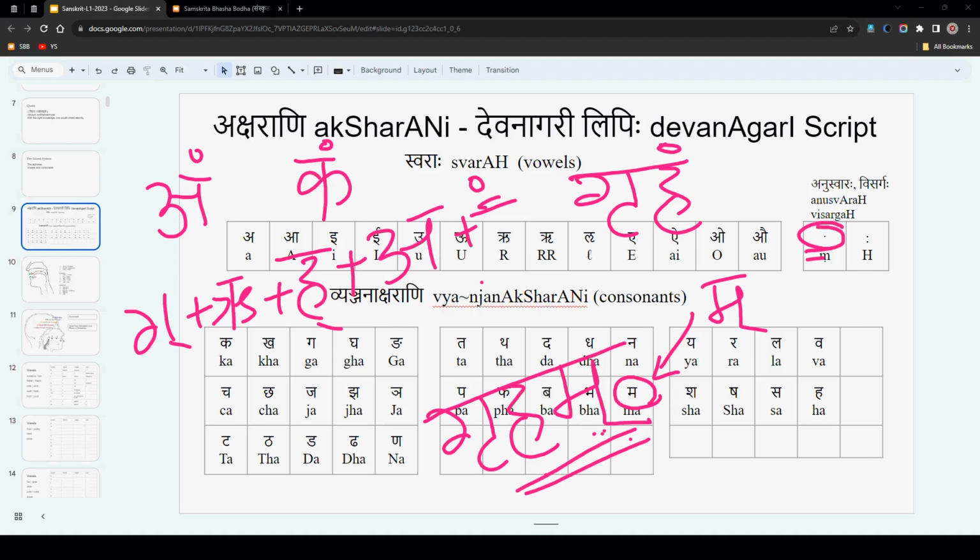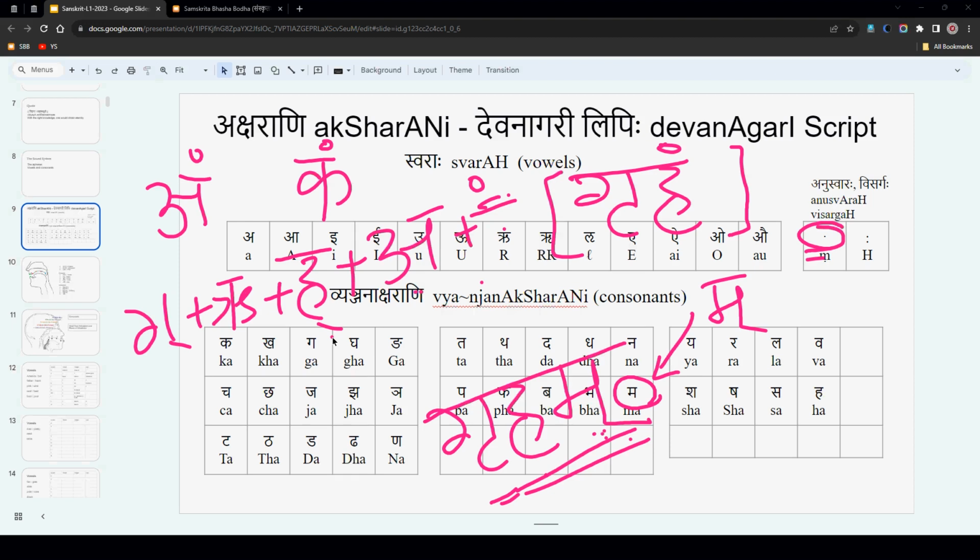Though it is not a perfect pronunciation because the vyanjanas cannot be pronounced by themselves. So we add a little bit of akara there and we say graham. When you say ma, we know how to pronounce ma. But how do we pronounce this anuswara sahita hakara here? After a, there is a, and then anuswara.